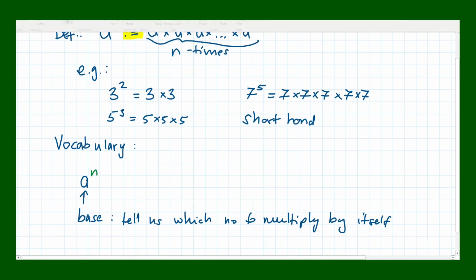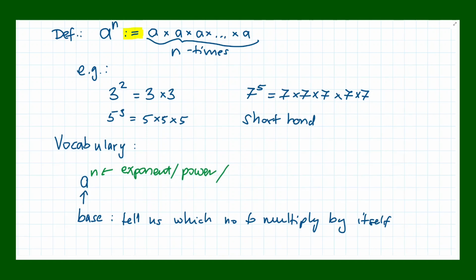And the other number, the small number up in the right hand corner, is called the exponent. Sometimes it's also called the power, and I'm going to use both the exponent and the power interchangeably. And it's also sometimes called the index. Well, not so much in economics, because in economics an index number means something very specific.